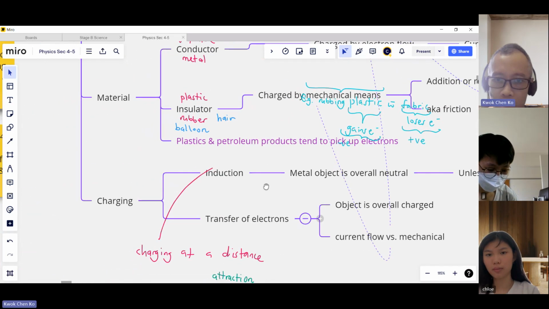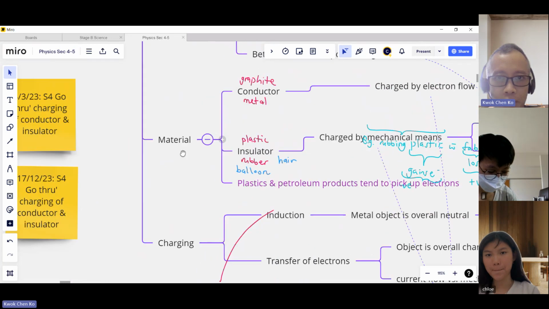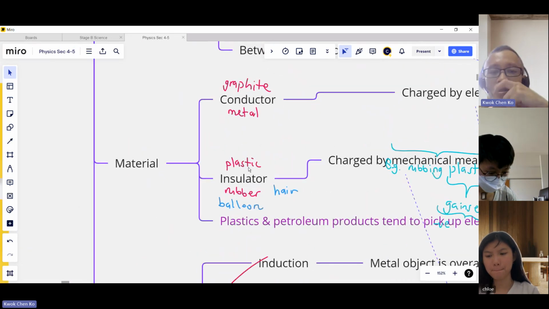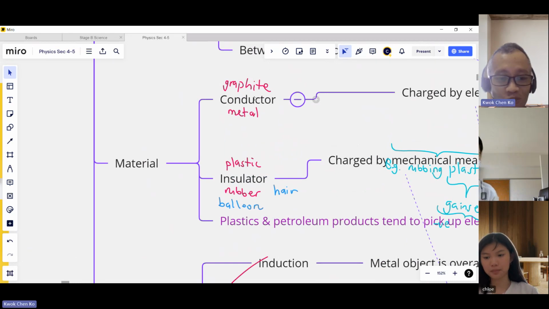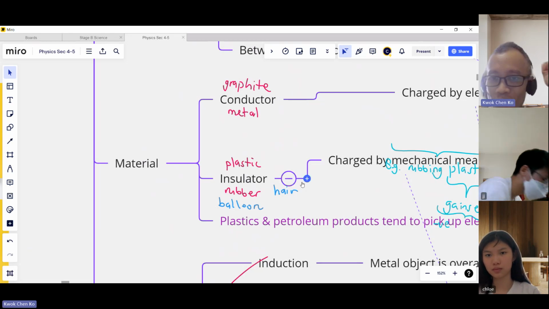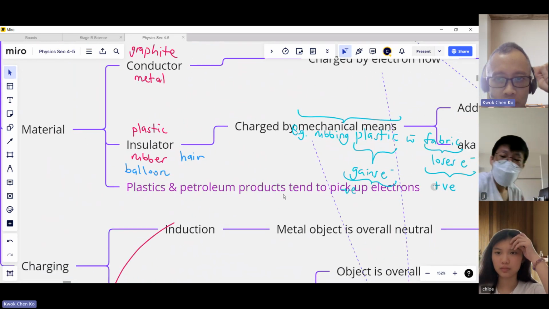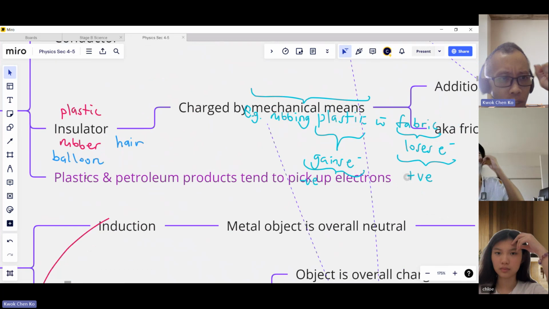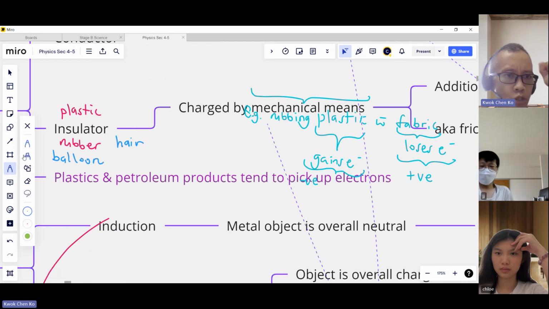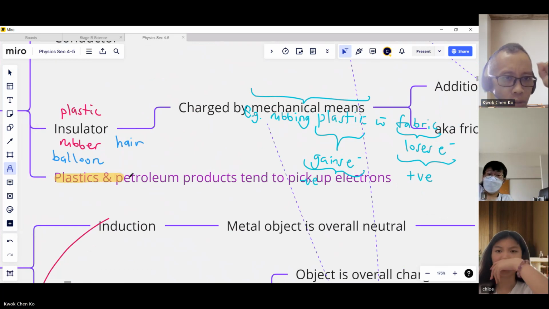Now, I believe I stopped somewhere here about conductors and insulators. Okay, so of course, in this case, my conductor is referring to electrical conductor. All right, just like insulator is for electrical insulator. This is something that you may want to take note, even though it doesn't come out all the time.